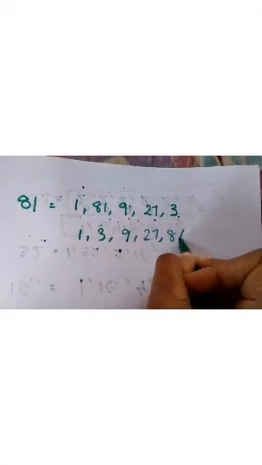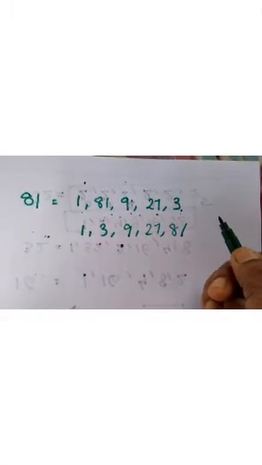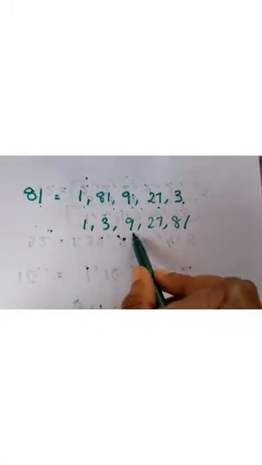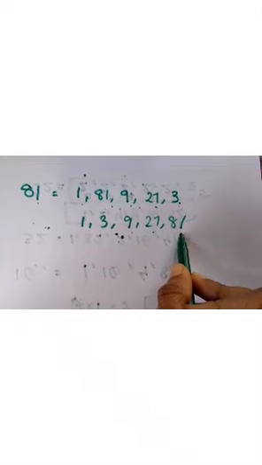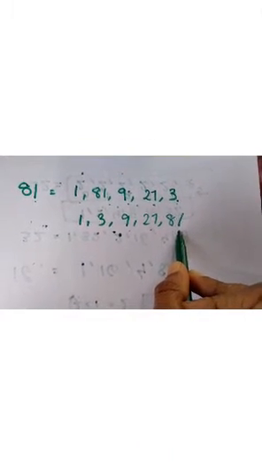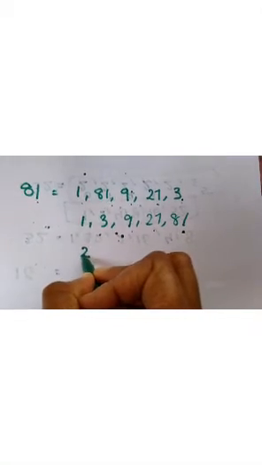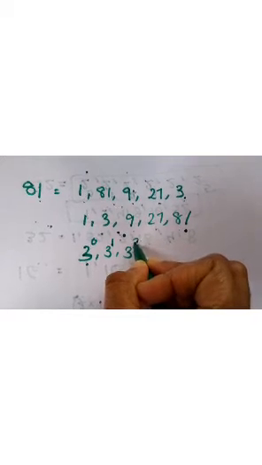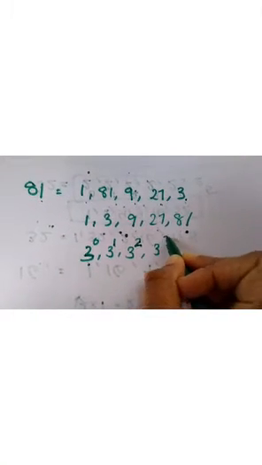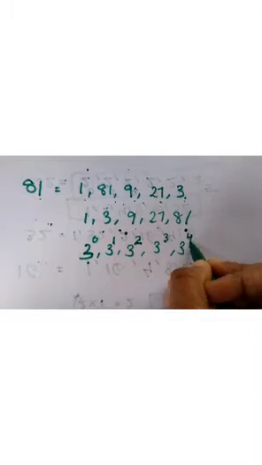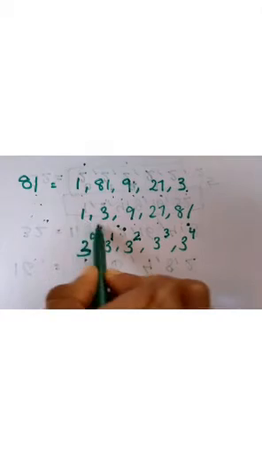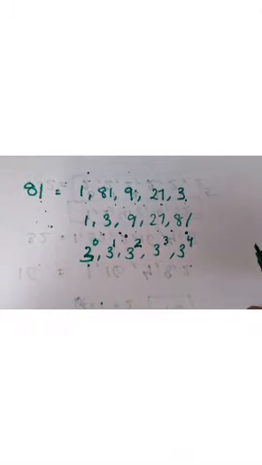Look here: 1, 3, 9, 27, 81. These are the powers of 3. So we can write 3 raised to 0, 3 raised to 1, 3 raised to 2, 3 raised to 3 and 3 raised to 4. This is finding factors in terms of powers of some numbers.